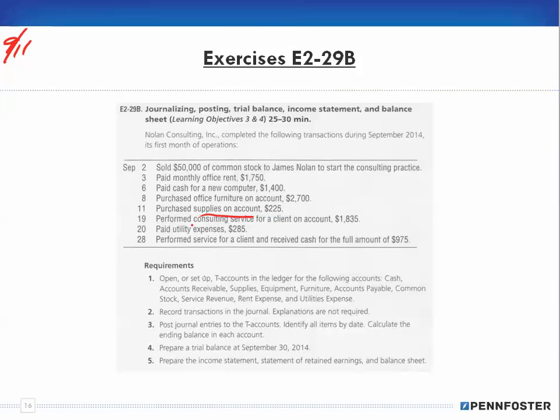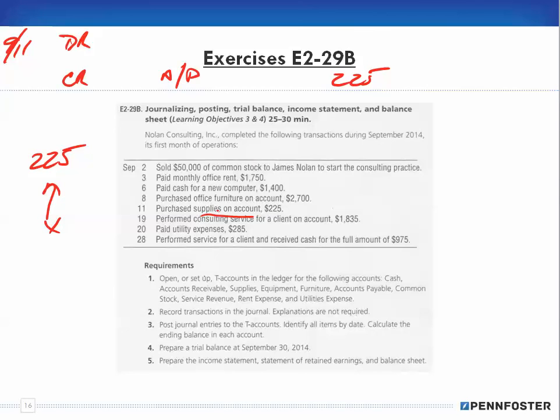Purchase supplies on account. Am I affecting cash? No. Why? Because I'm purchasing on account, just like the September 8th transaction here. So if I'm not affecting cash, am I affecting receivables or payables? Well, I'm the one doing the purchasing, so it's a payable, and that means I'm going to owe more. So my payables go up, and when my payables increase, I credit accounts payable for 225.